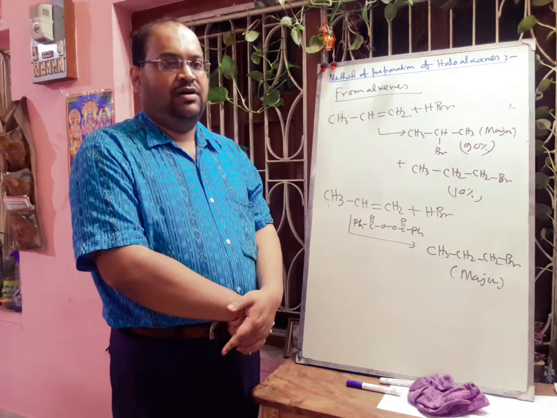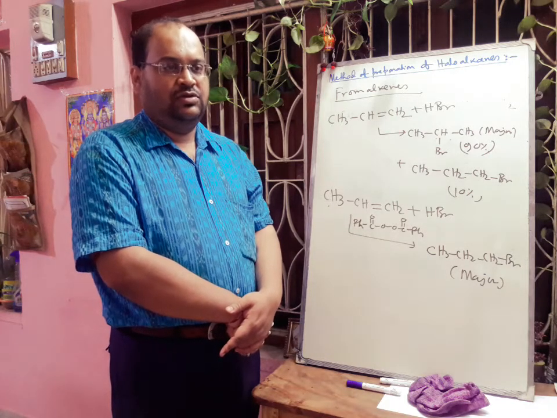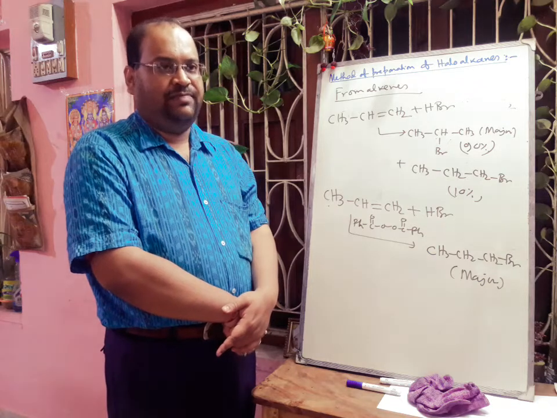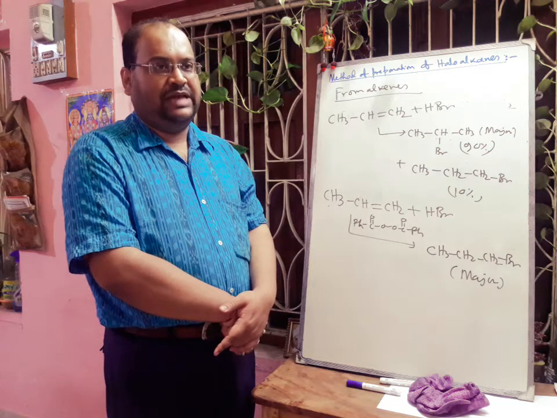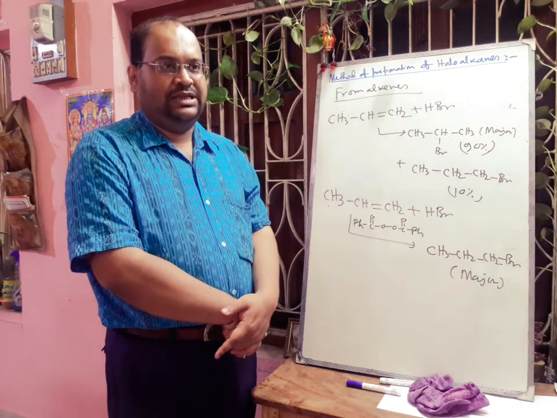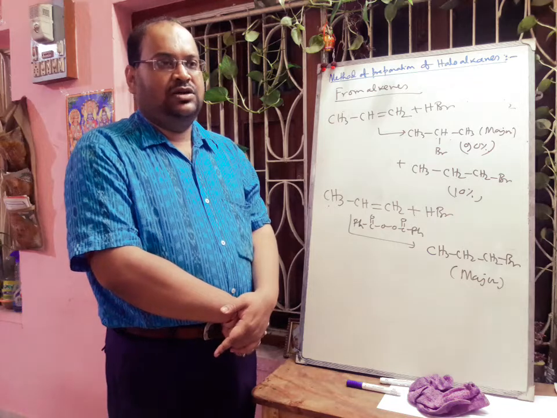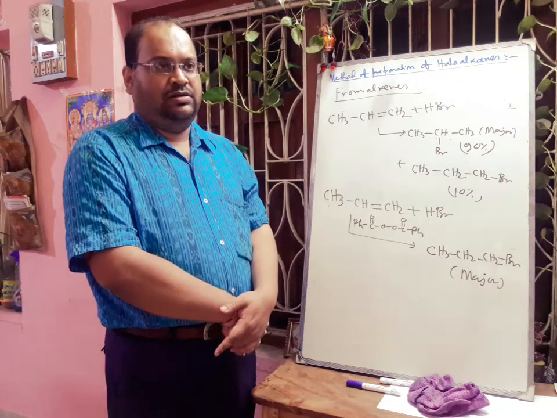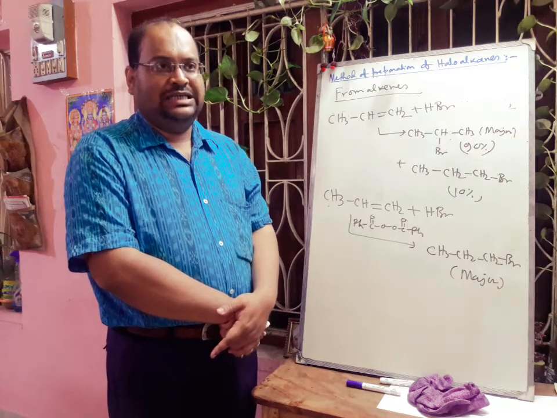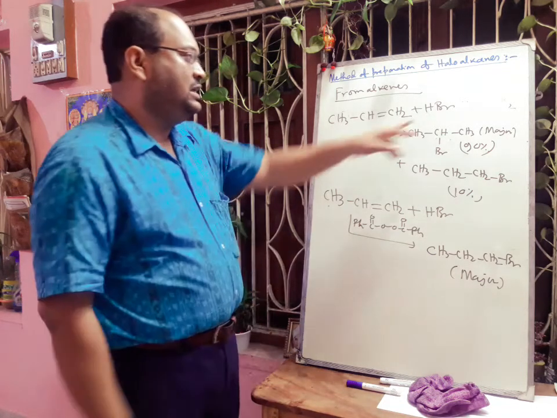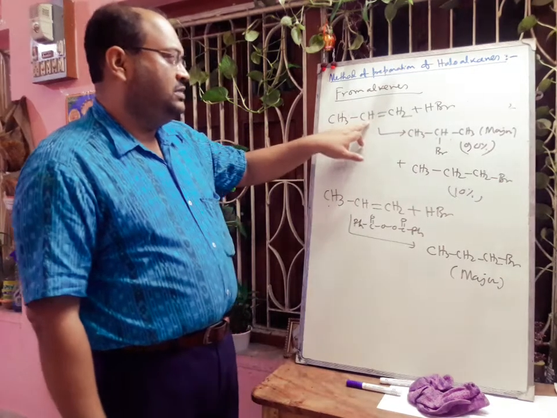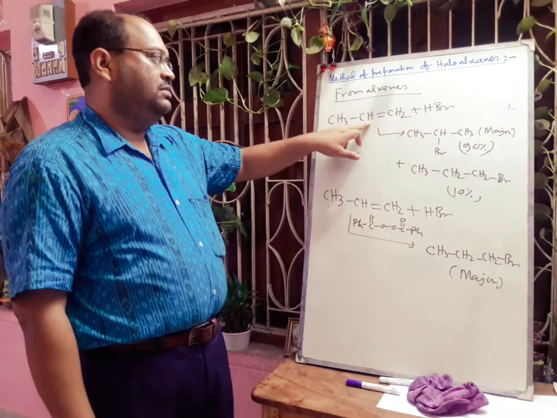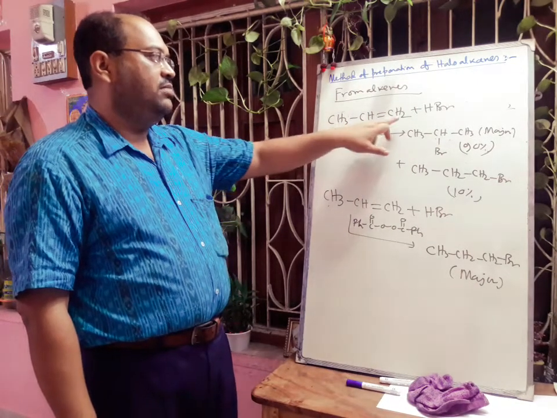What is Markovnikov rule? According to this rule, the halogen part or the negative part of the addendum, the hydrogen halide, is attached to the double bond carbon which has the least number of hydrogen atoms. So here this is the double bond, here the number of hydrogen is 1, here the number of hydrogen is 2.